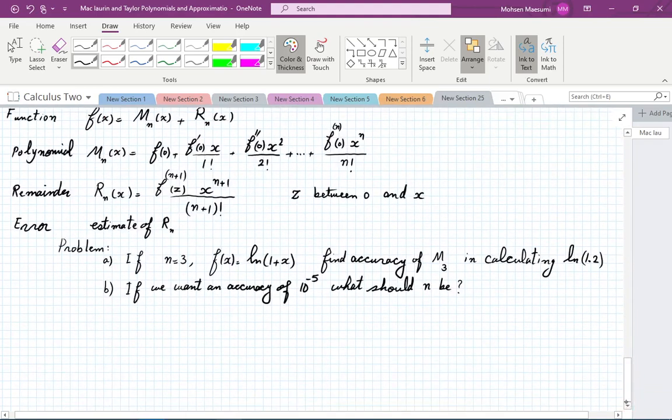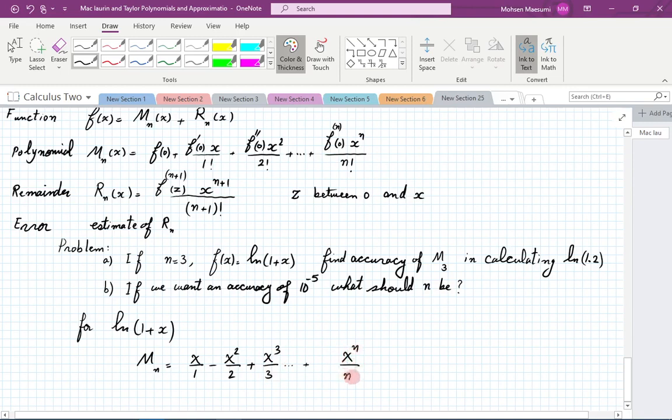So let's go ahead. First, we know that for logarithm of 1 plus x, we have the Maclaurin polynomial. It goes like x over 1 minus x squared over 2 plus x cubed over 3, and so on we go. And then we want to stop at x to the power n over n. The question is, is it plus or minus?